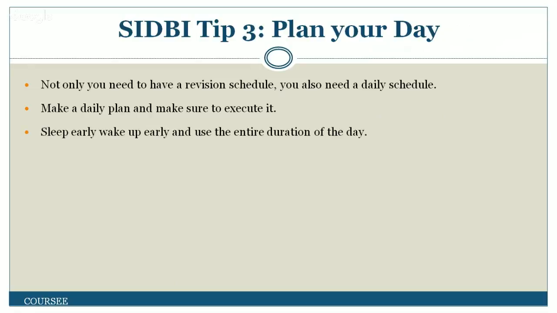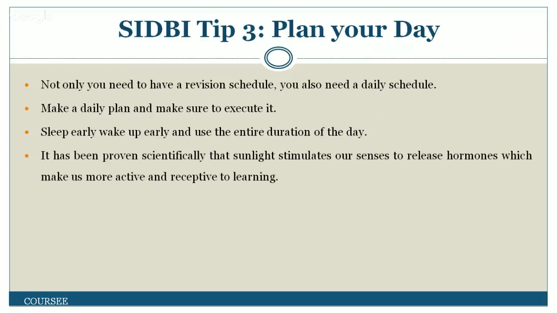Sleep early, wake up early, and use the entire duration of the day. It has been proven scientifically that sunlight stimulates our senses to release hormones which make us more active and receptive to learn.